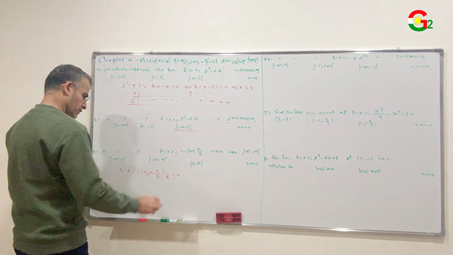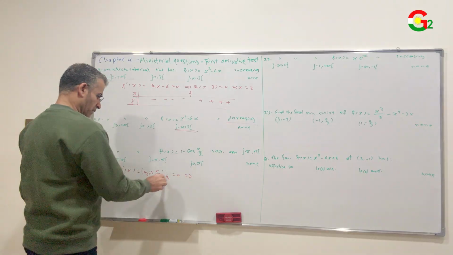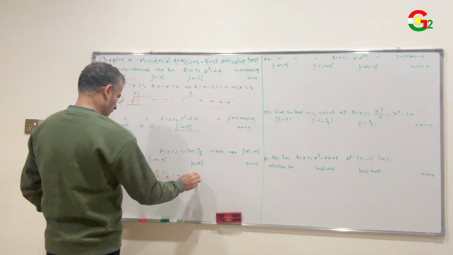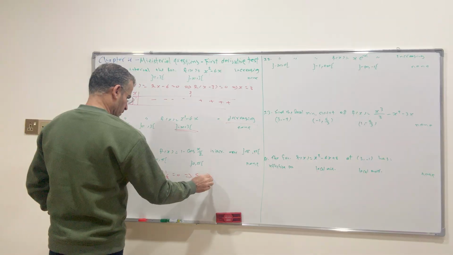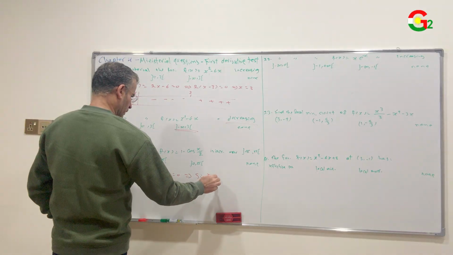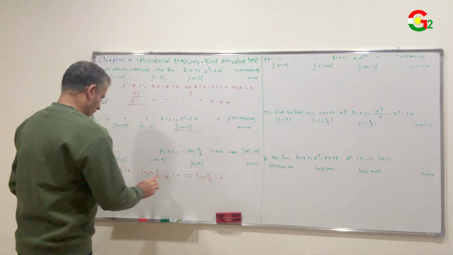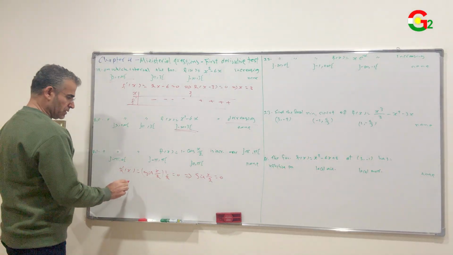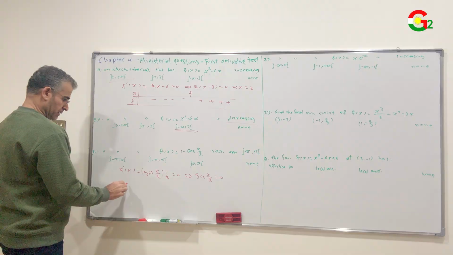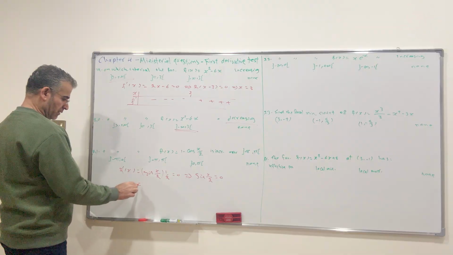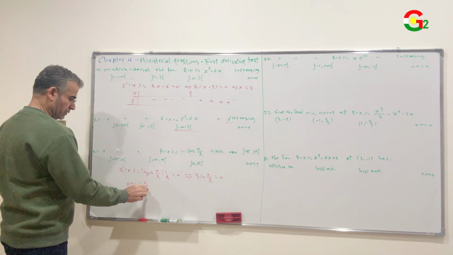Set it equal to 0, then divide both sides by 1/2. It means sine x over 2 equal 0. The values that make the sine 0 are n pi, where n is an integer, so set n pi equal to x over 2.